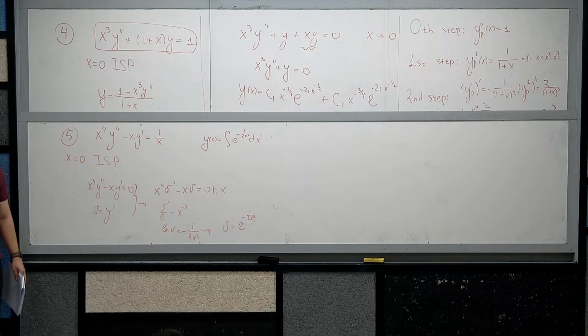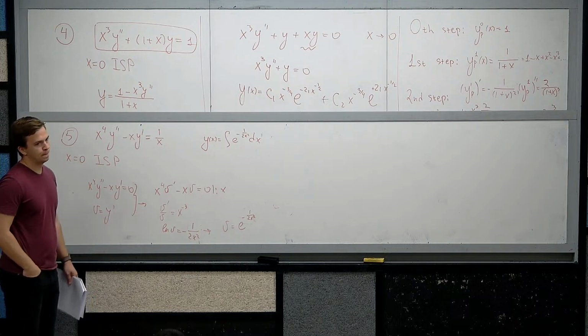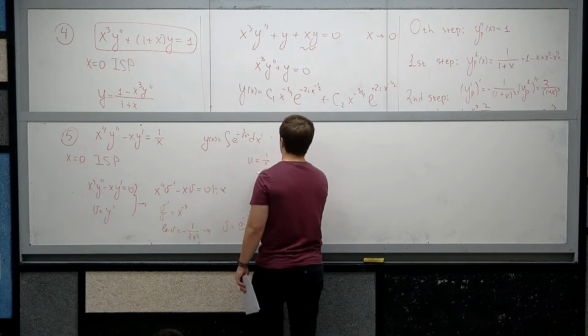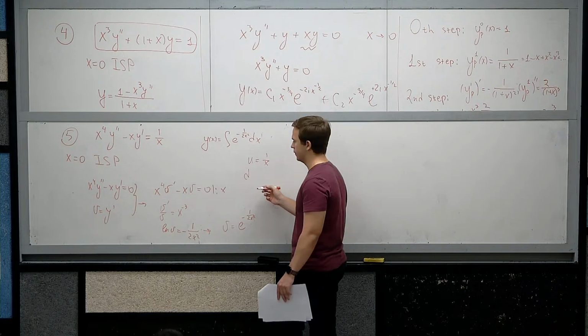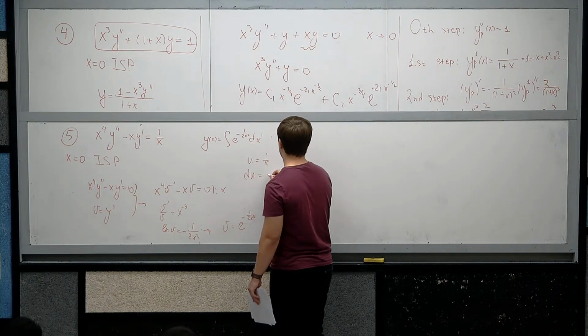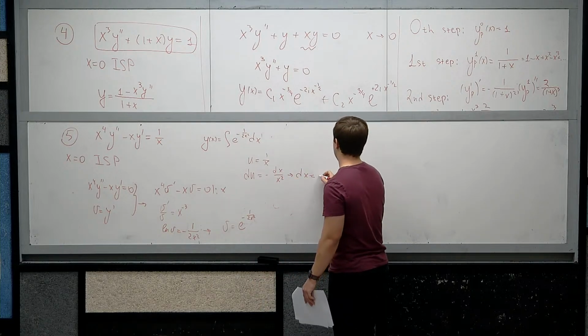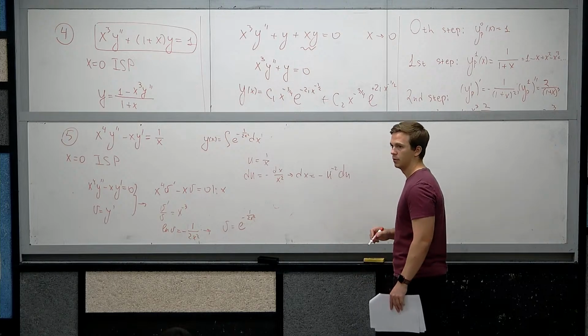We can substitute u equals 1 over x. Then we will integrate it by parts eventually. So du is minus dx over x squared. Then dx is just minus du over u squared.